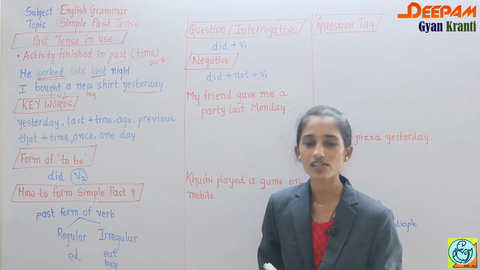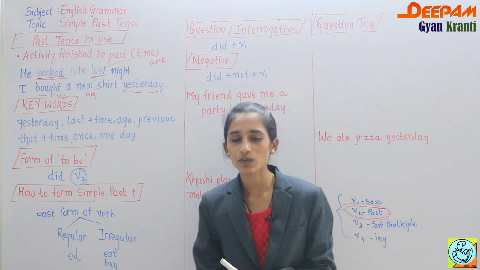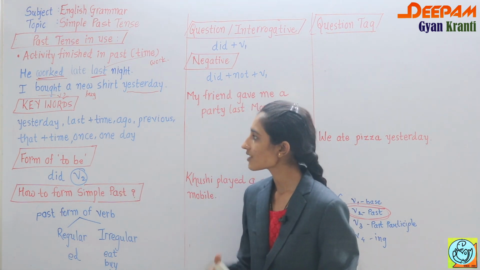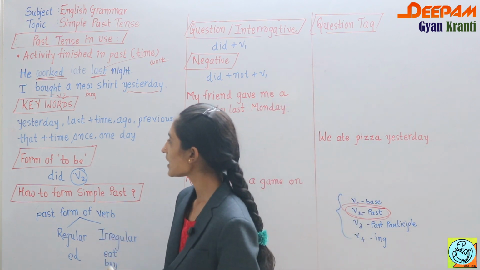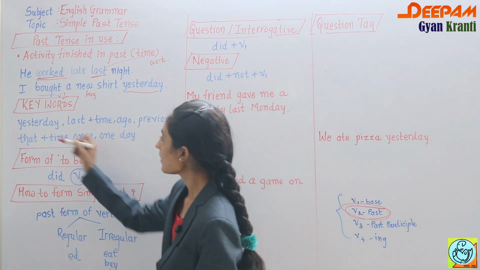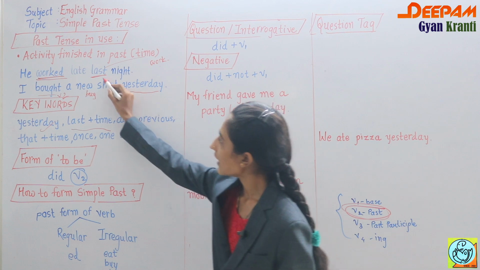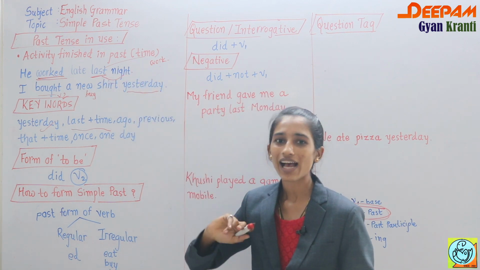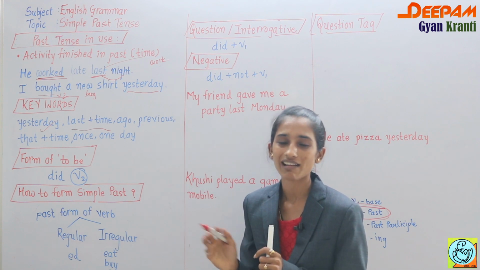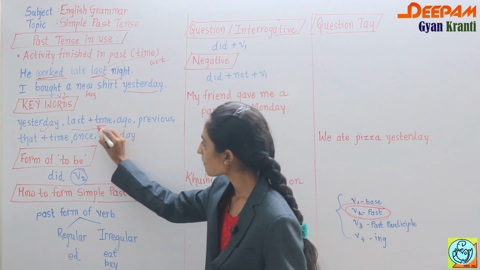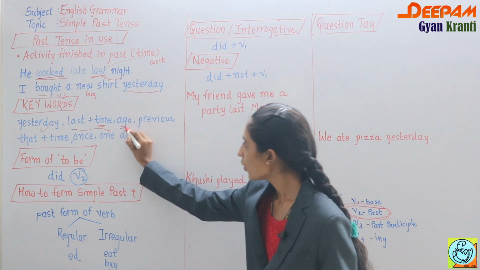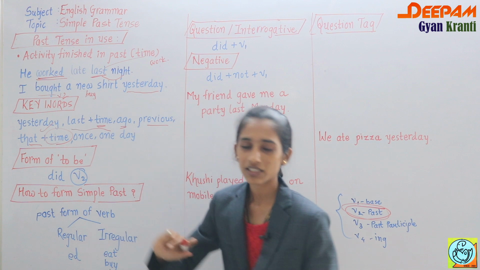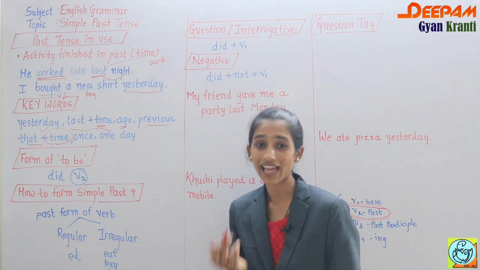Now some keywords are there, and with the help of these keywords we can easily identify the sentences. Some of the keywords are yesterday, last plus time, such as last night, last Monday, last Tuesday, last month. Then ago, then previous, then that plus time, so that Monday, that Sunday, that month, that night.